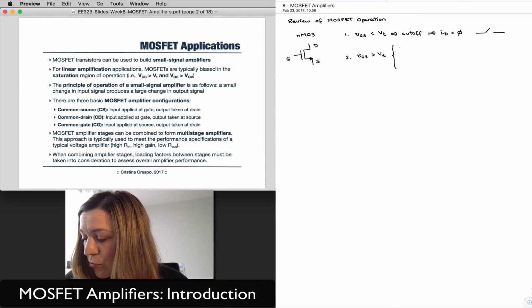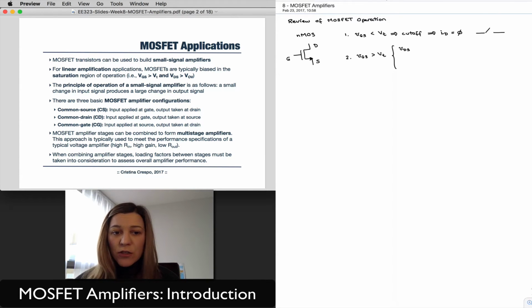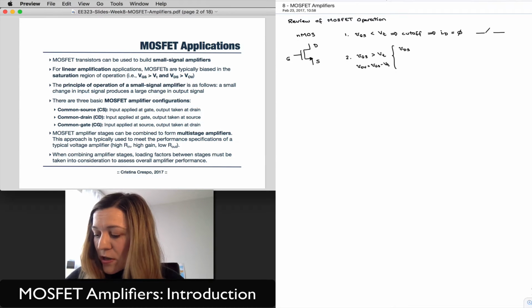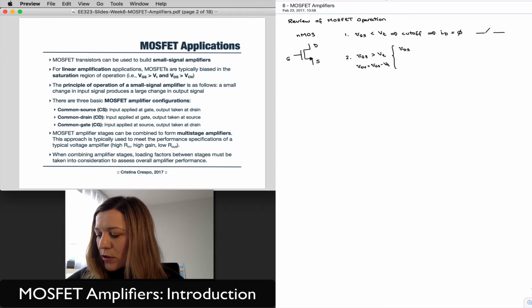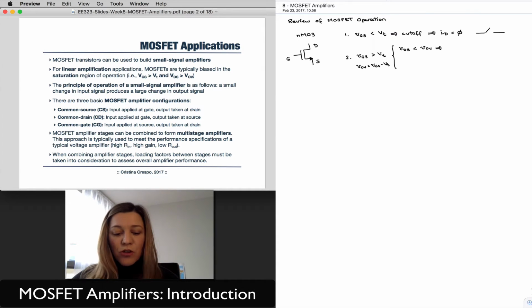If the voltage from drain to source is less than the overdrive voltage, meaning the overdrive voltage will be precisely the difference between VGS and the threshold voltage, or how much the input voltage, the gate voltage, goes beyond the threshold voltage. And so if VDS is less than the overdrive voltage, then the transistor is operating in the triode region, where the output current ID depends on the value of the output voltage VDS.